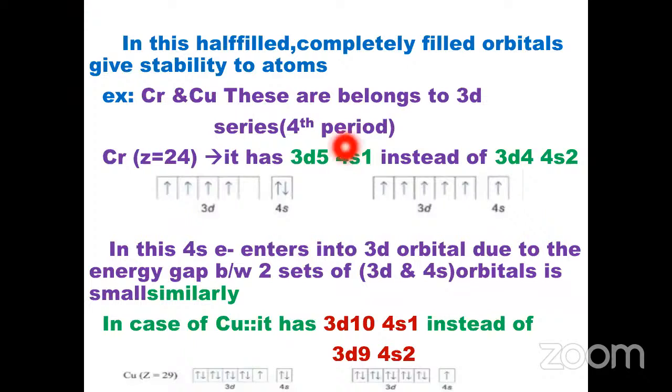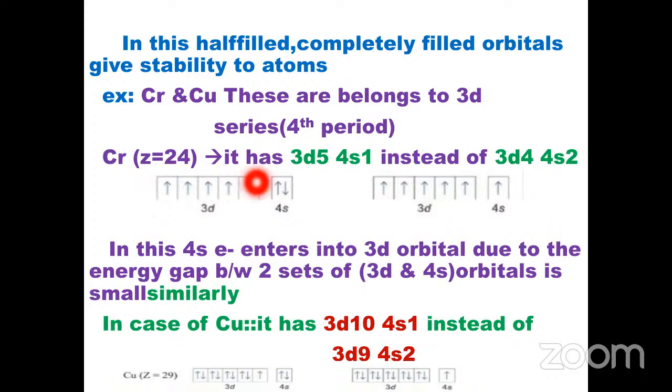Okay. Then here, half filled and completely filled orbitals give stability to atoms. We know that, yes. Example, chromium and copper. Chromium and copper belong to 3D series. That means 3D series is nothing but fourth period. Here the chromium atomic number is 24.